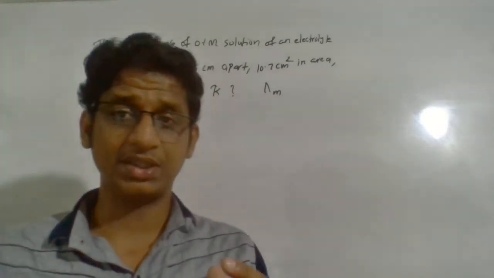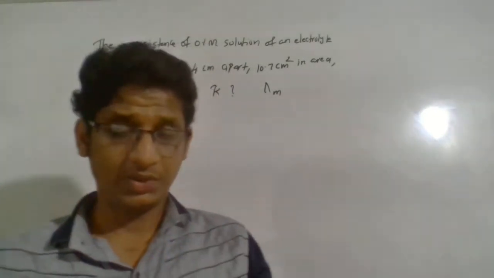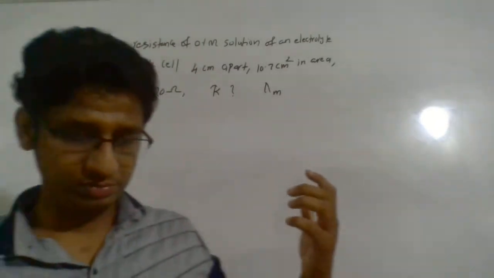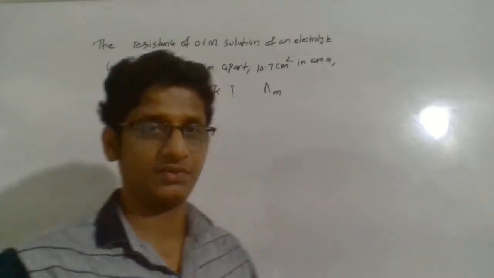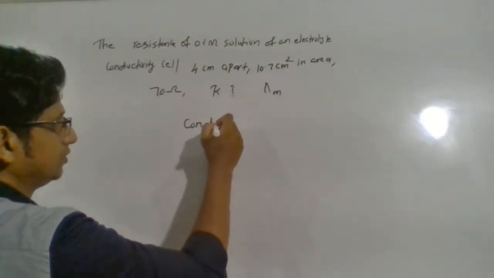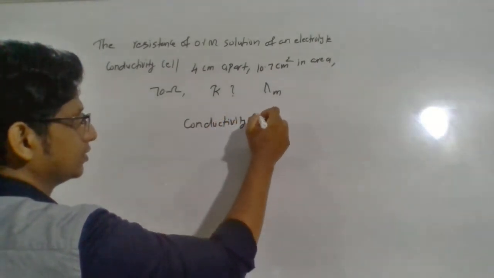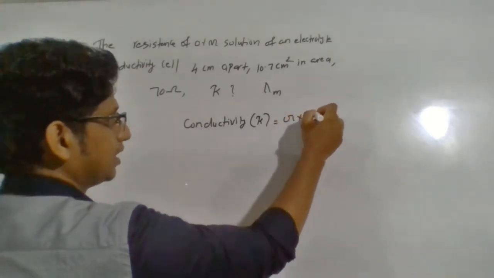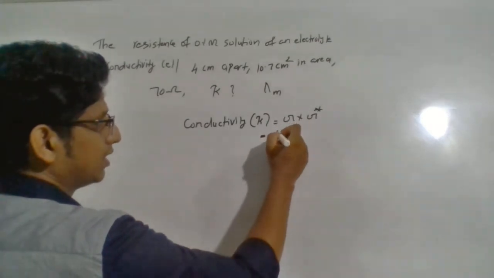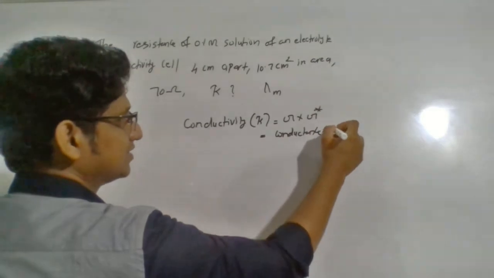You can either derive it, as I showed yesterday and today as well, or at least remember one equation. For me it is very easy to remember: conductivity kappa is equal to G into G star, where G is the conductance and G star is the cell constant.